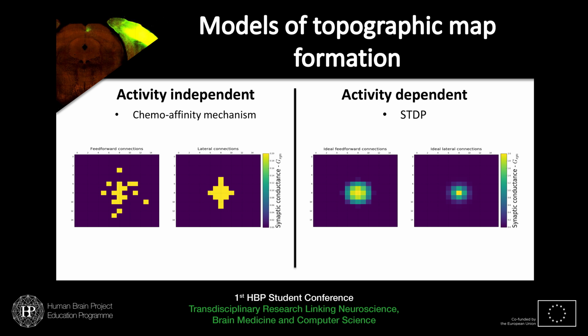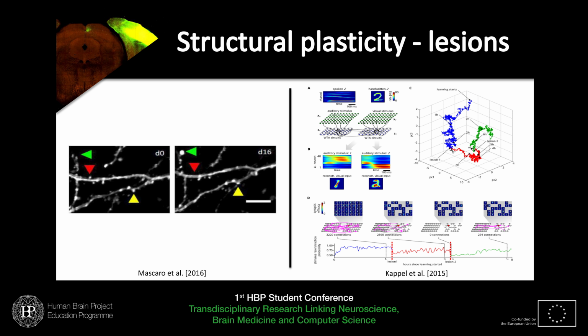Why is this helpful? Well, I'm pretty sure the speaker on the left is somewhere in the audience. On the left, there was a study on mice. I think it was mice, not rats. And this shows in biology the structural plasticity that happens after rehabilitation from a stroke.